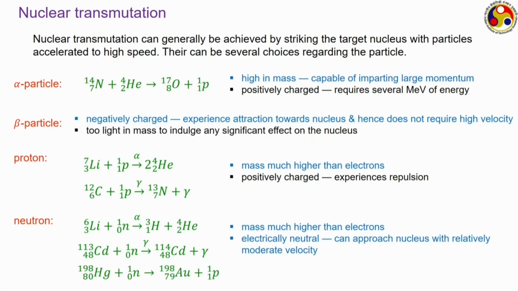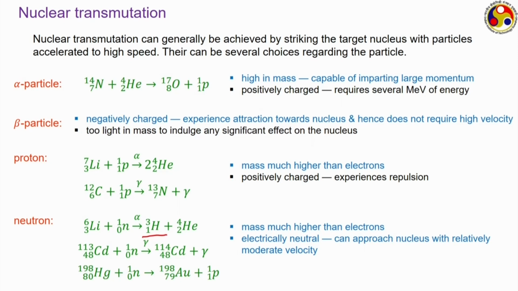Incidentally, it will actually experience some kind of electrostatic attraction, like what we get between a charged particle and a neutral one. And that is why neutron is the most preferred kind of particle which is used for nuclear transmutation, or I should say artificial transmutation of nucleus. Quite a few examples are shown here. A lithium 6 isotope struck by a neutron leads to alpha decay, leading to the formation of hydrogen 3 or tritium.